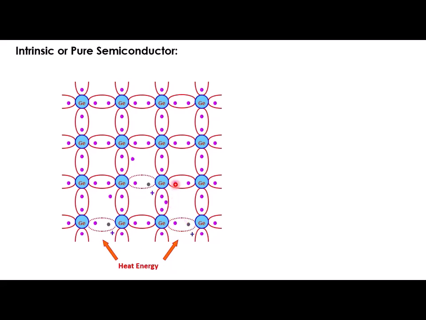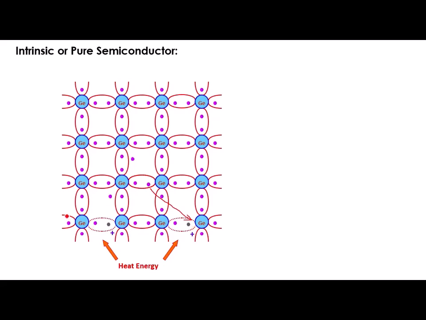So in this process, see, this deficiency of electron pulled this electron to fulfill its octet rule. But at the same time, the deficiency of electron has been transferred from here to here. In the event of pulling an electron from this atom to this atom, the hole, or the deficiency of electron, has been transferred from here to here.